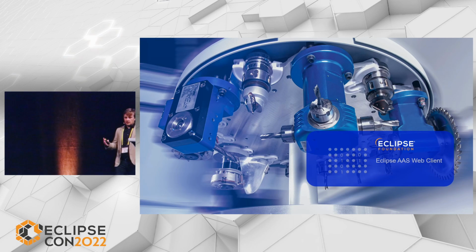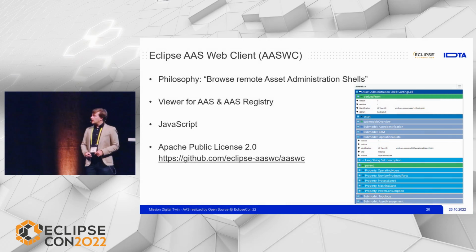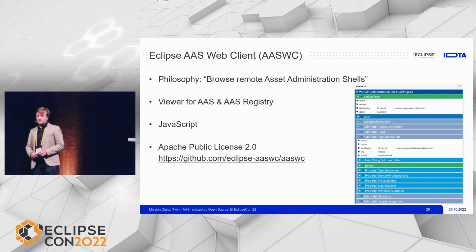So let's talk now about two projects that provide functionalities for user interfaces. This is a project driven by our colleague Tobias Klausmann from Linse called Eclipse AAS Web Client.